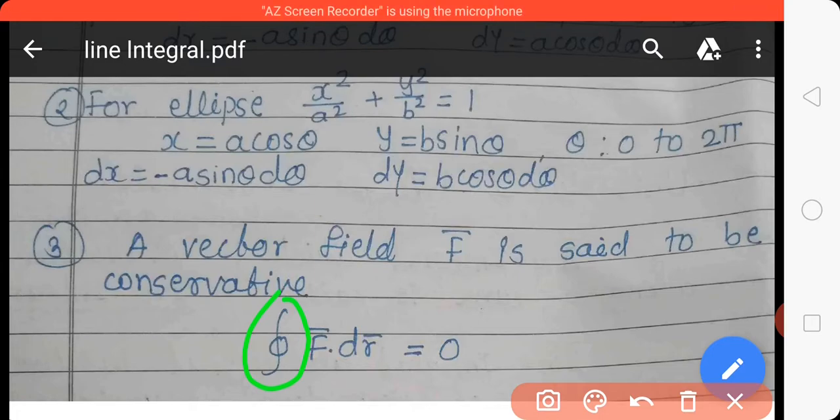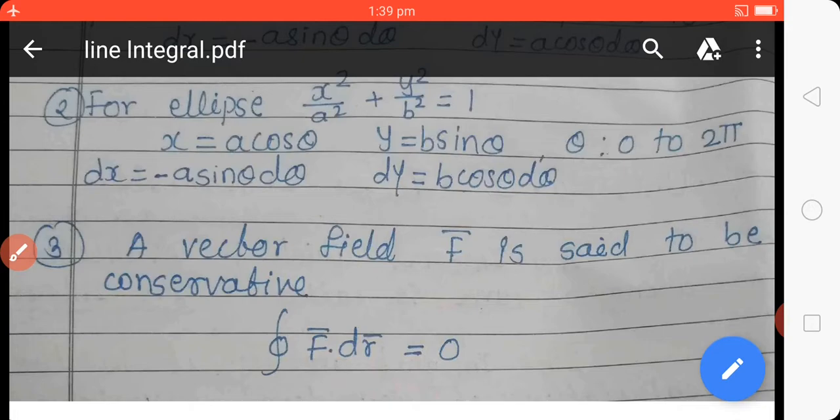In all the cases so far, we only considered the integration over C, where the curve is not closed. But if the curve is closed, we write this line integral as the integration over the closed curve of f bar dot dr bar.